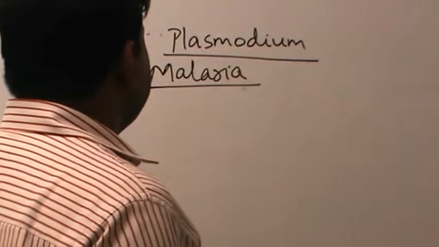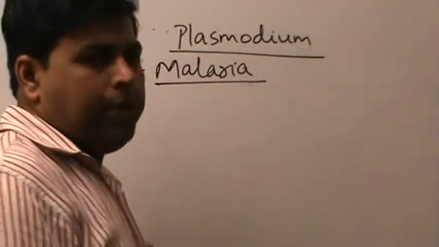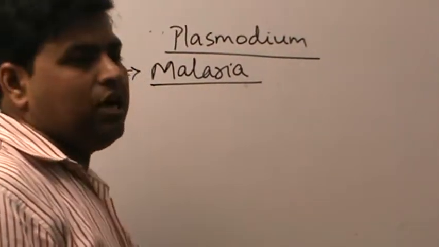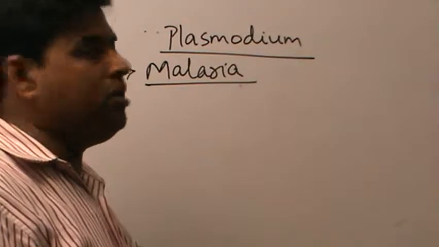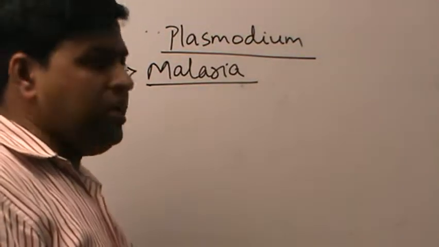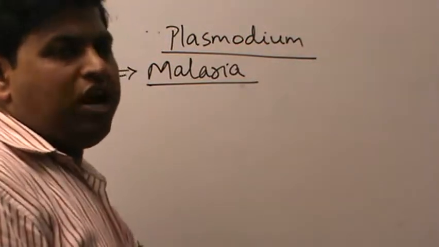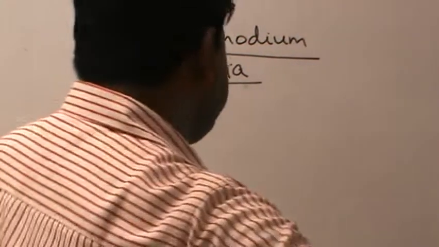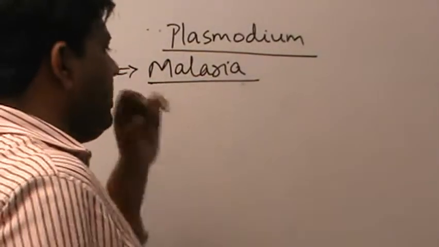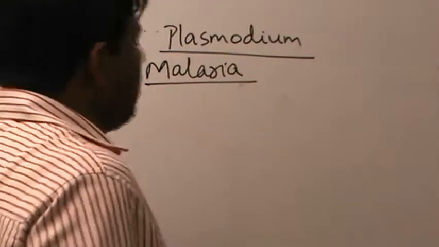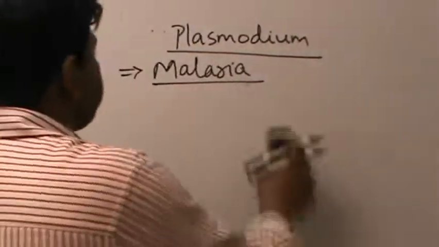It is curable, but the drugs are not within the reach of some of the very backward, or you can say Saharan regions or African countries. So it is more prevalent in the African continent.